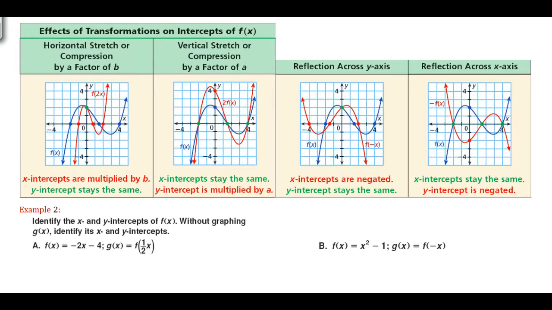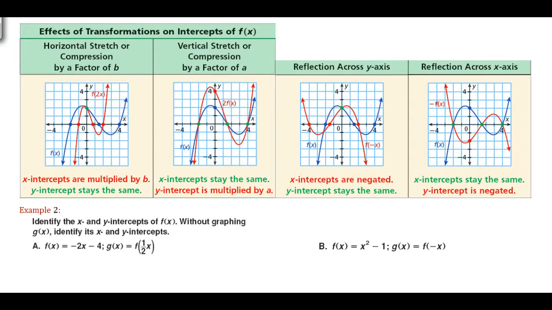Now look at the next one where it says a vertical stretch. Now you're making the graph taller. That's definitely going to change the y-intercepts, but making something taller doesn't change the x-intercepts at all. So that's something you've got to keep in mind when we ask you to do intercepts. If you reflect something across the y-axis, then notice these are going to jump over here and switch spots.